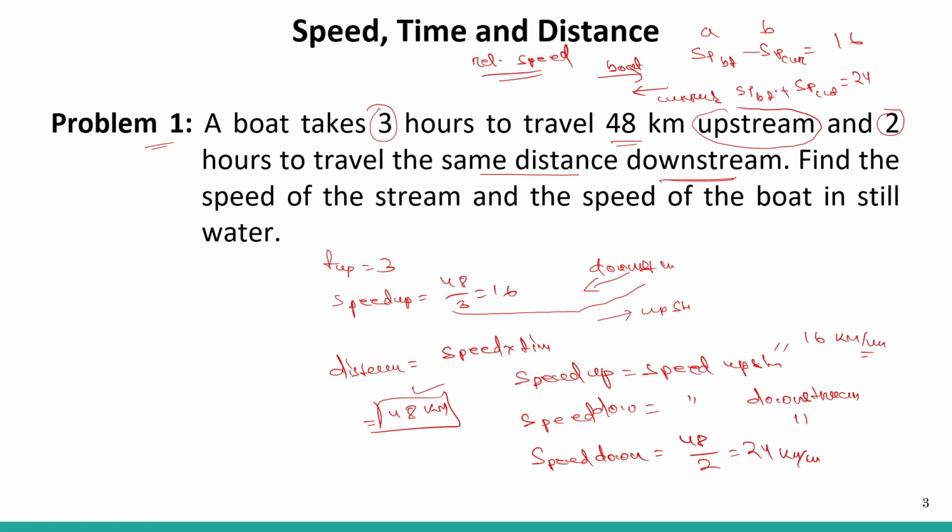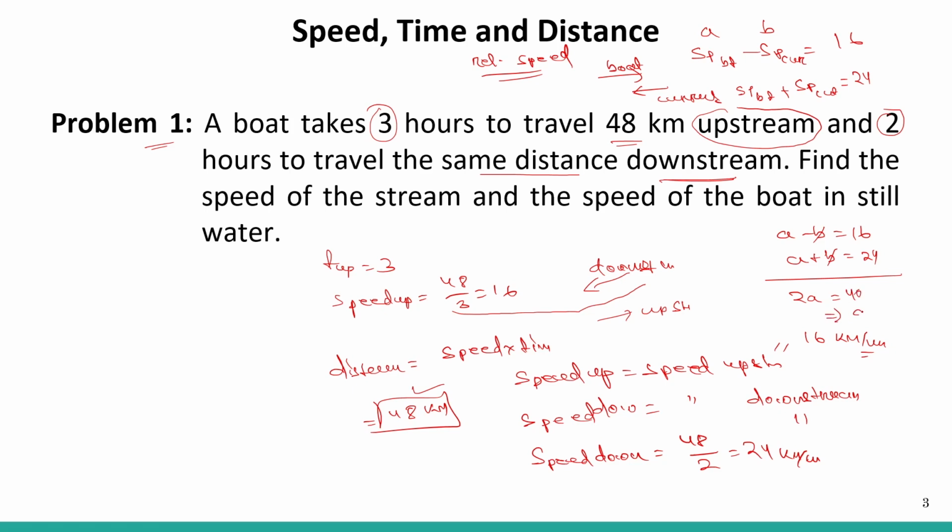It is given to us that A minus B is equal to 16 and A plus B is equal to 24. Solving this simultaneous system of linear equations, we are left with 2A equal to 16 plus 24, which is 40.